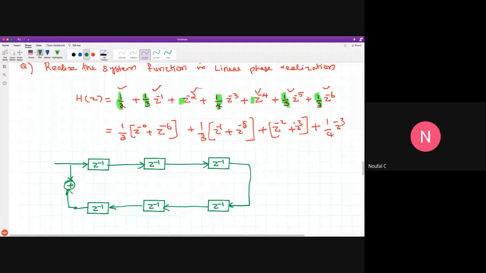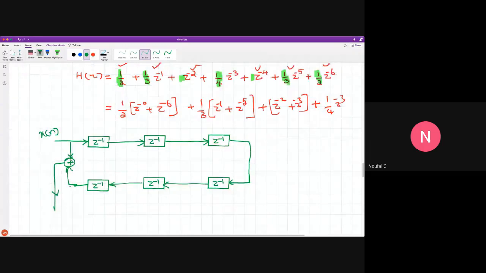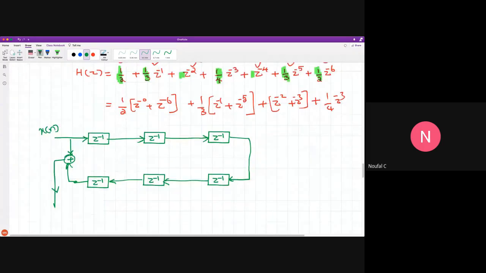This is my x of n, and this has to be multiplied with one value. So what should it be multiplied with? Anyone? 1/2. This should be multiplied with 1/2.